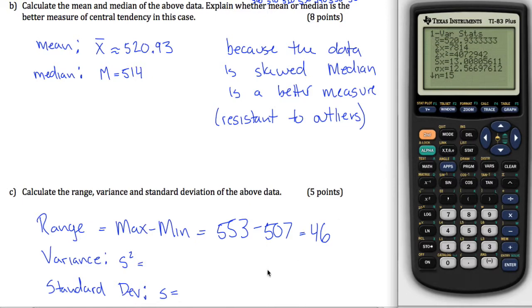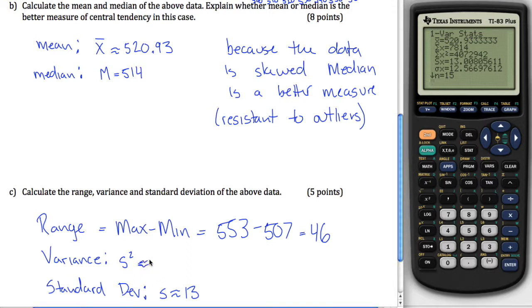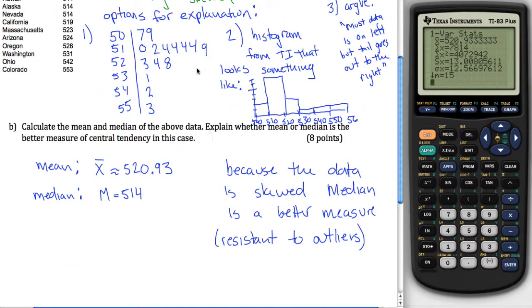S sub x here is approximately 13. That came from this one, 13.008. And then the variance will be that number squared. So maybe we can say 13 squared is about 169, something like that. You could throw some decimal places in there if you really felt like it, but you don't have to. And that's it. That's the end of this quiz.